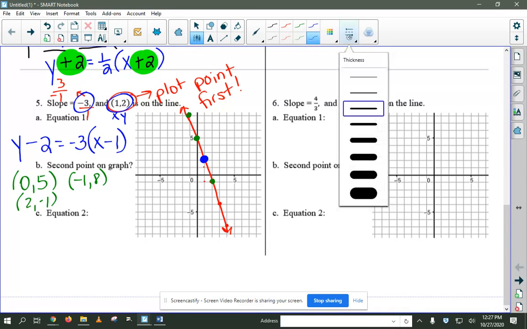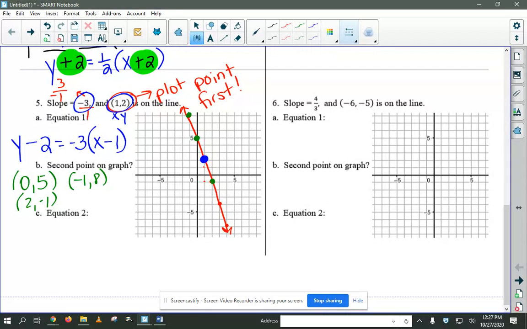And it does not matter which point you choose, okay? I'm going to go ahead and just choose this point right here, this -1, 8. So again, y minus my y coordinate, which is 8, equals my slope of -3 times x minus -1. That's the same as saying x plus 1. Okay?